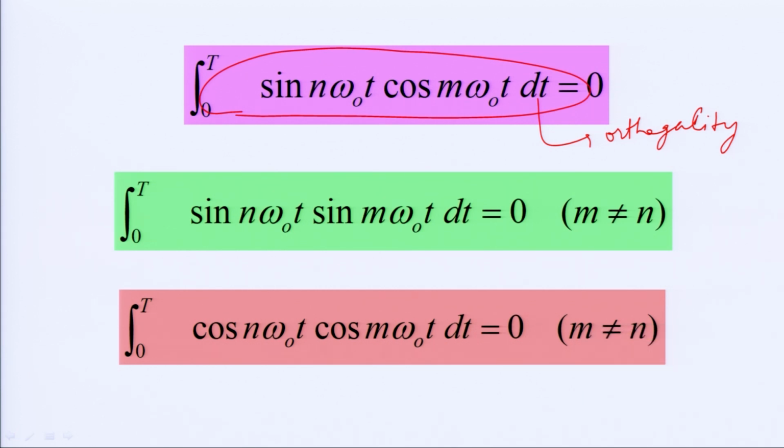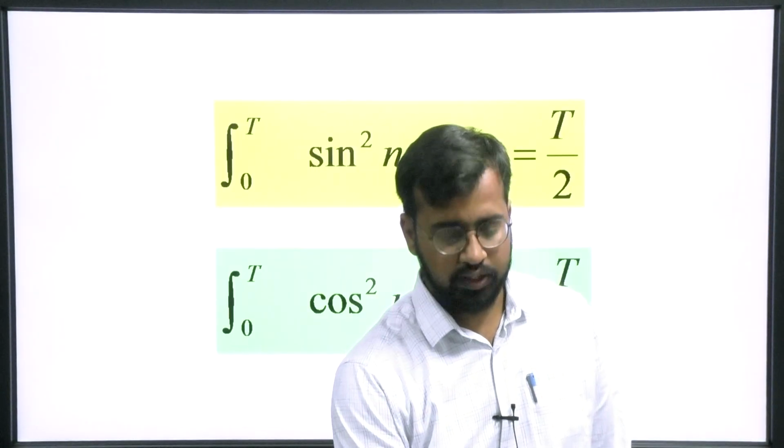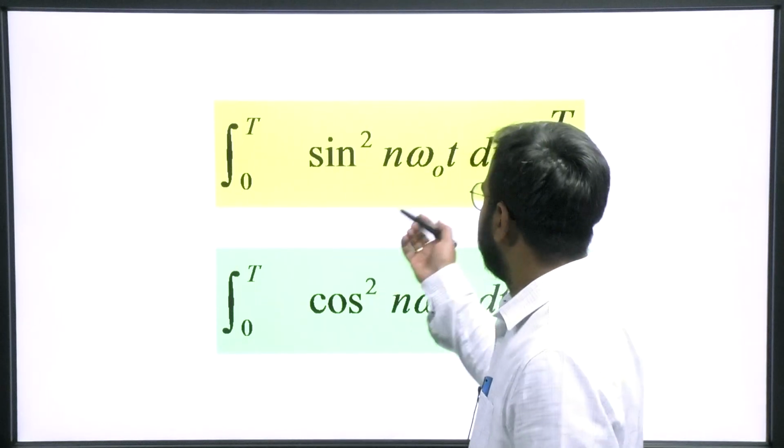Similarly, if you change the frequency, it is again equal to 0, where m must not be equal to n. Again, if both are cosine, or both are sine, the value is 0. This is the orthogonal property.